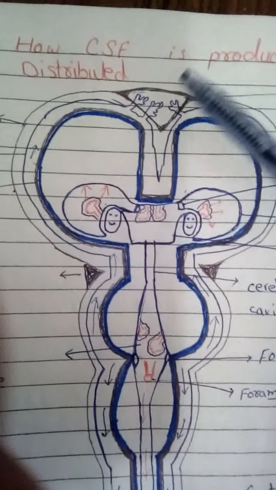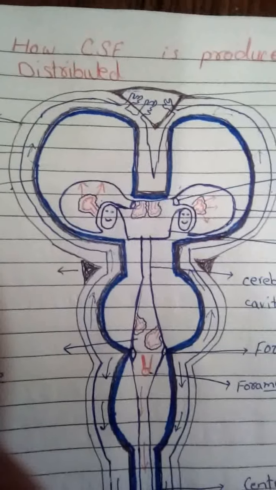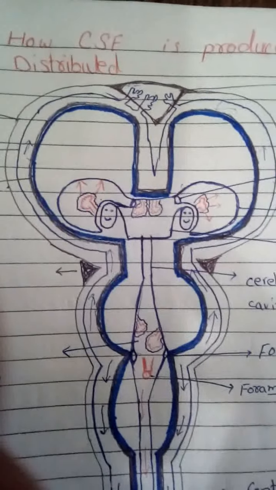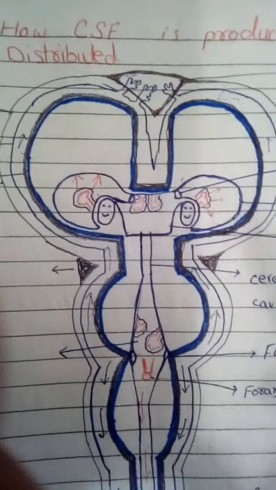Our third point was how CSF is drained into the venous system. Look here, when CSF moves from the subarachnoid space into the superior sagittal sinus, from the superior sagittal sinus CSF moves through a number of sinuses, and finally reaches the jugular foramen.